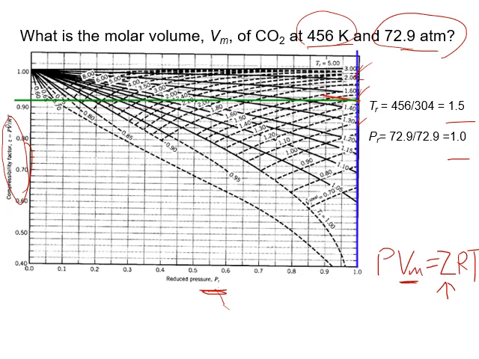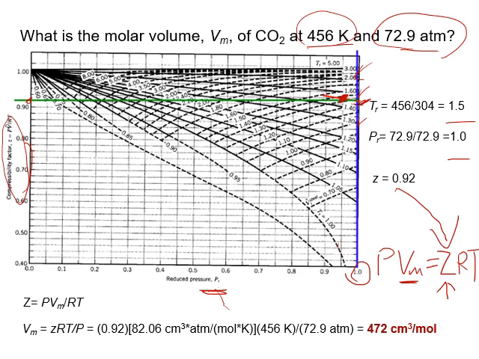Okay, so when reduced pressure is 1, that's here, and reduced temperature is 1.5, somewhere here, that gives you this point, and that point corresponds to a Z factor of 0.92. With this Z factor, we can calculate the molar volume. The molar volume is Z times RT over P, and that gives you 472 cubic centimeters per mole.